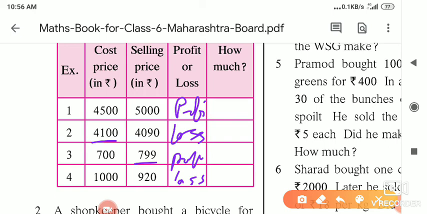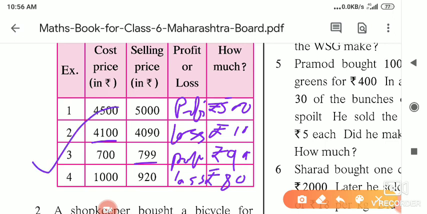How much profit, how much loss, I found it. Here it is 500 rupees, here rupees 10 is the loss. Then in this transaction rupees 99 is the profit, and lastly 80 rupees is the loss. So in this way we solve this box, and the remaining examples are there.